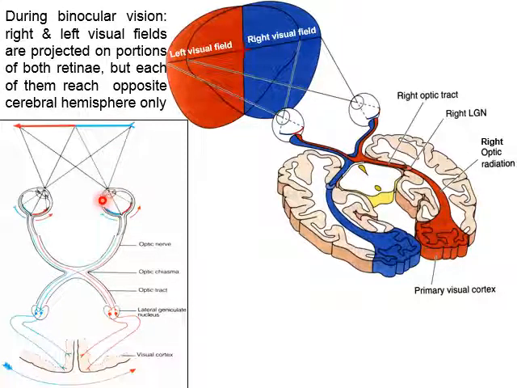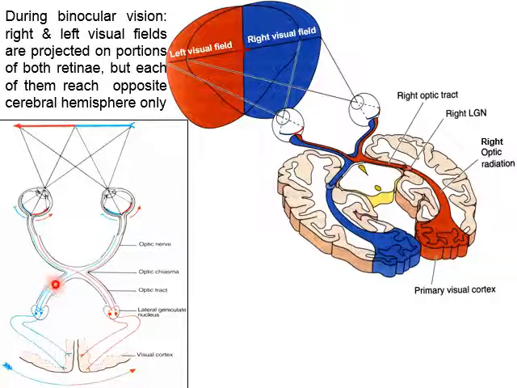So it is projected in both eyes, and the projection is to the nasal half of the retina of the right eye and the temporal half of the retina of the left eye. The fibers of the nasal half will cross to the opposite side, and the fibers from the temporal half of the left eye will stay in the same side, so that the optic tract receives everything that's blue here, which is coming from the right side.